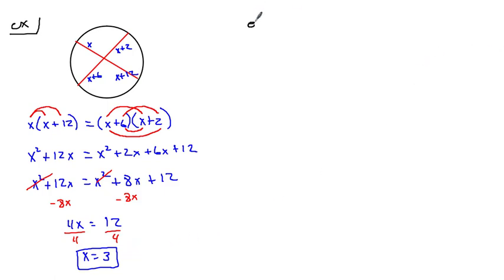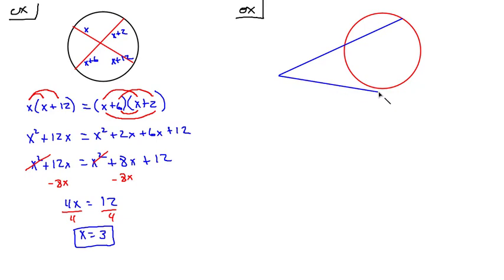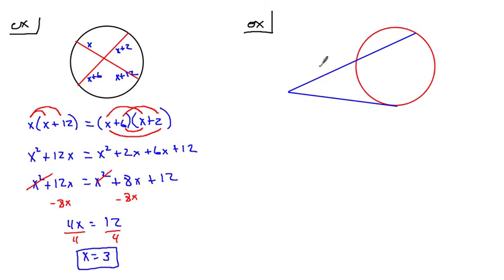All right, one more example. This will be your least favorite. So we're going to have a circle, and we're going to have a secant and a tangent. And we're going to know that this part of our secant is x, this part is 7, and this part is 8.